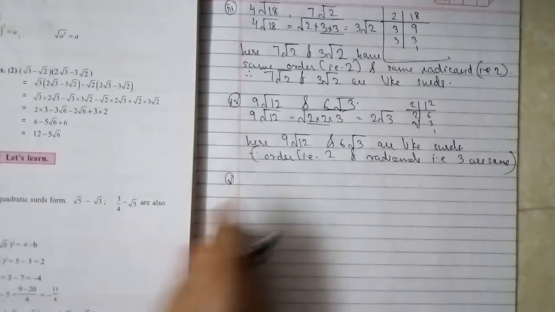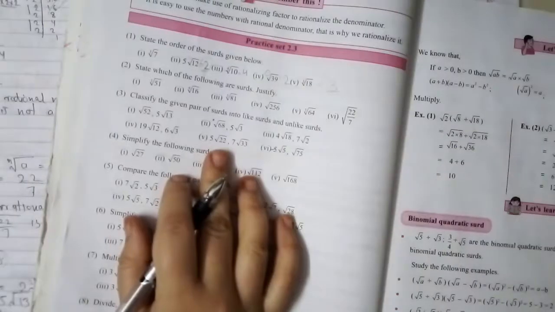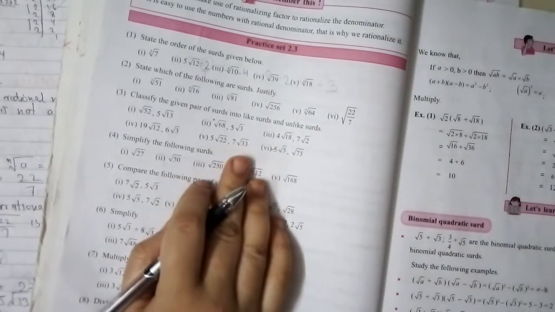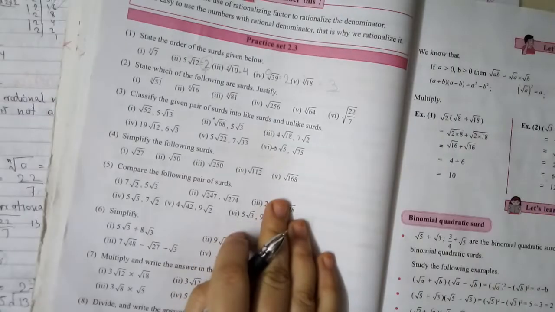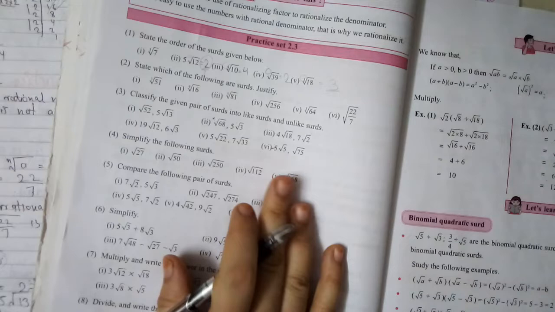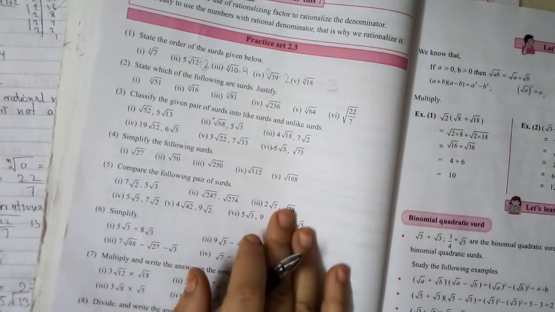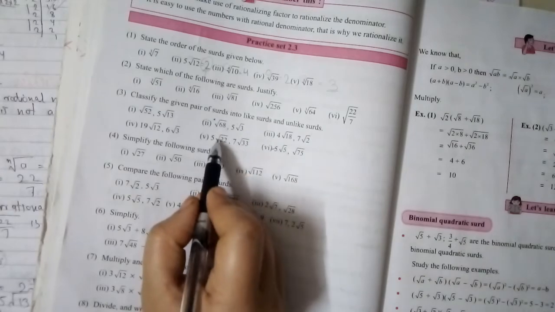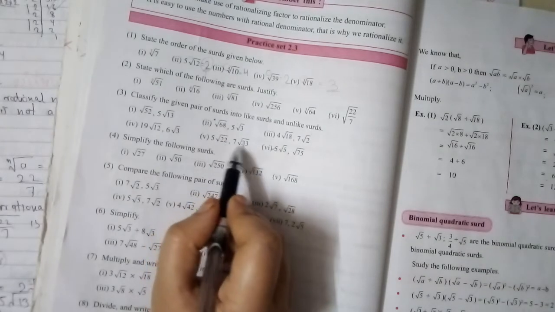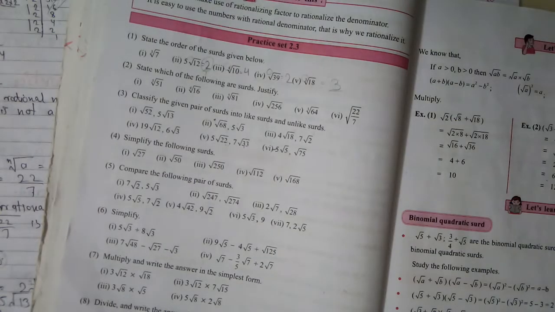Now question number 5 is 5 root 22 and 7 root 33. Root 22 and root 33 cannot be factorized. So the order is the same but the radicand is different, because 22 and 33 cannot be factorized. So these are unlike surds.